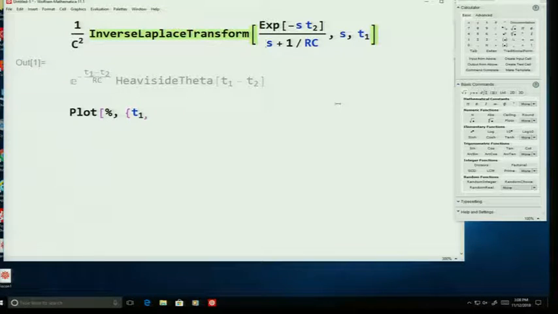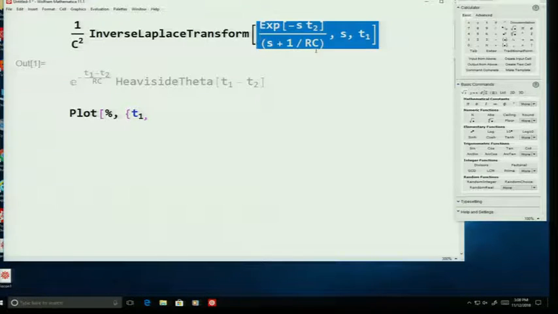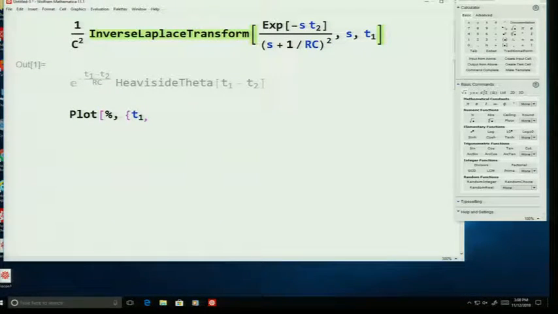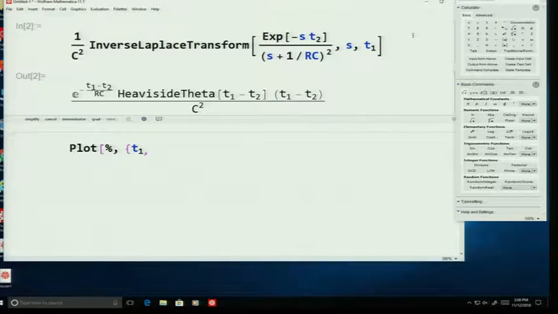And now all we do here, look how simple this is. Cross your fingers. There it is.